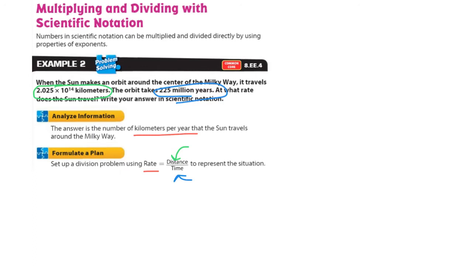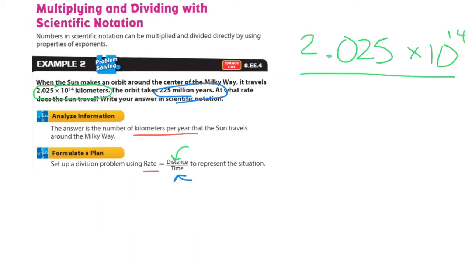You're going to take 2 and 25 thousandths times 10 to the 14th, and you're dividing it. I'm going to have to convert this into scientific notation.